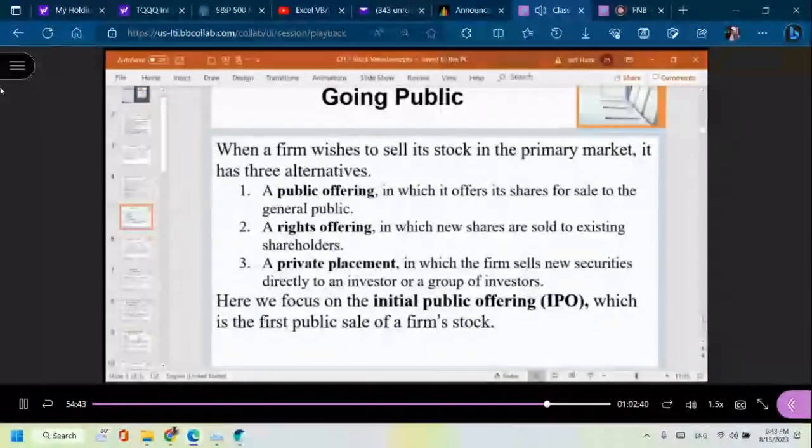So IPO stands for initial public offering, as I said, and there isn't only an initial public offering; there's a second public offering, a third public offering, right? But second and third public offerings come later when the company is more mature than a startup.